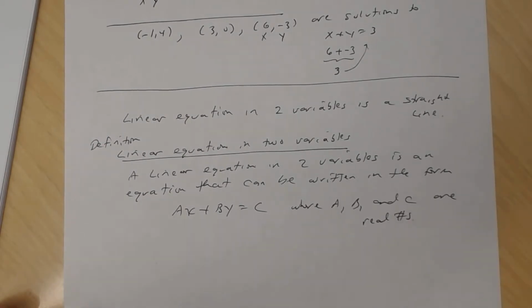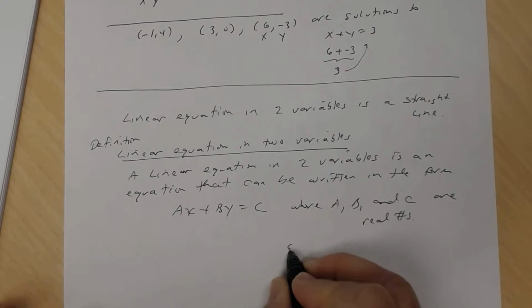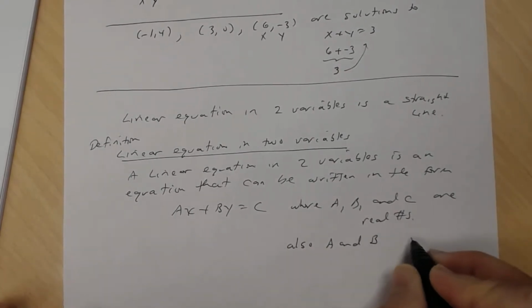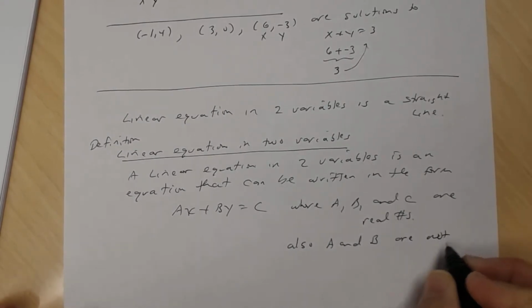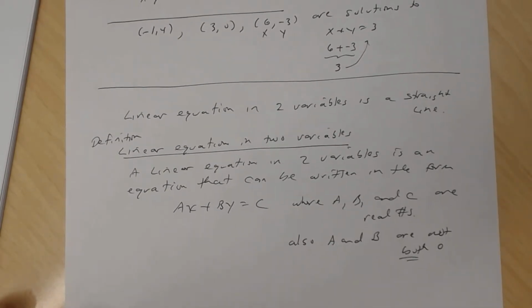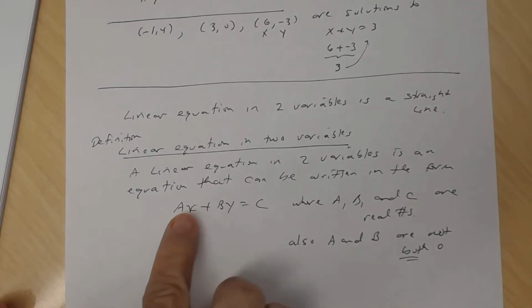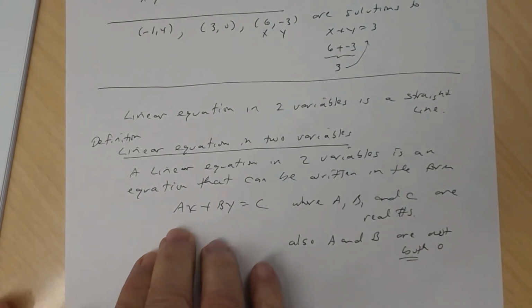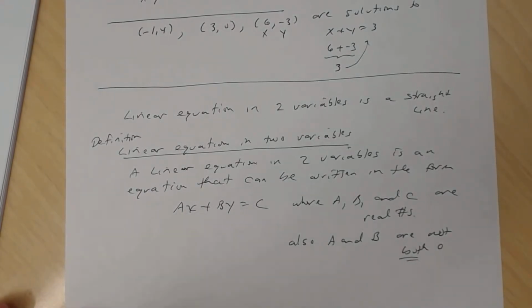And also a and b are not both 0. Okay, so one of them, either a or b, can be 0, and you're going to see this as we work through these lessons. But they both cannot be 0.